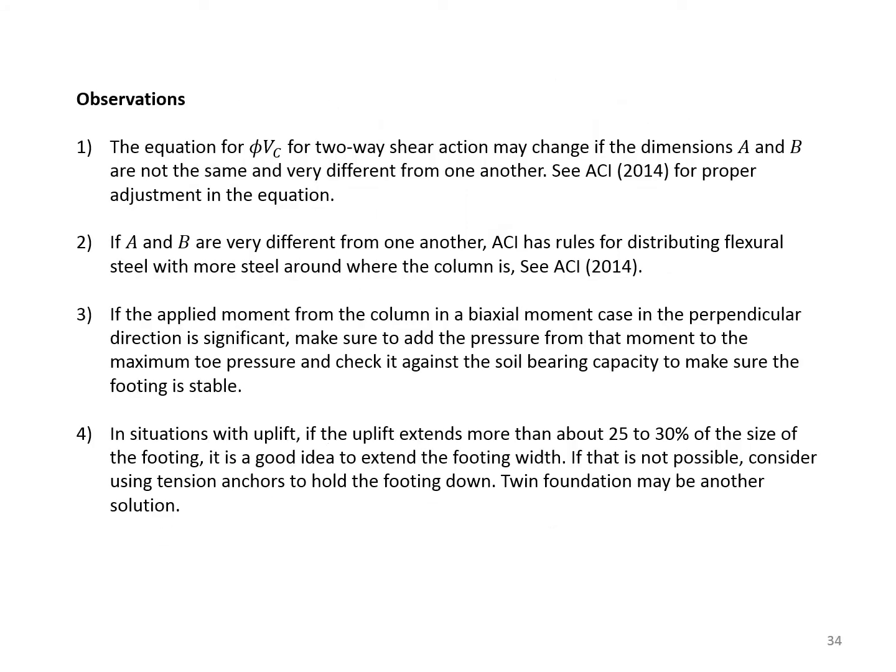There are a few observations that I want you to pay attention to. The equation for VU for two-way shear action may change if the dimensions A and B are not the same and very different from one another. Please see ACI 2014 or the later edition for proper values for adjustment of the shear resistance.